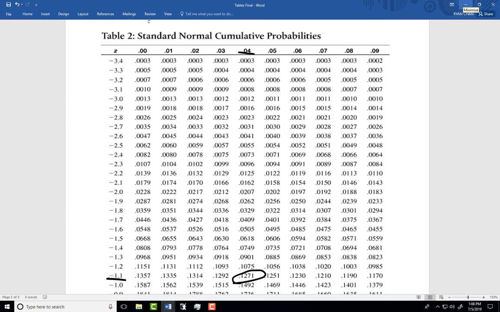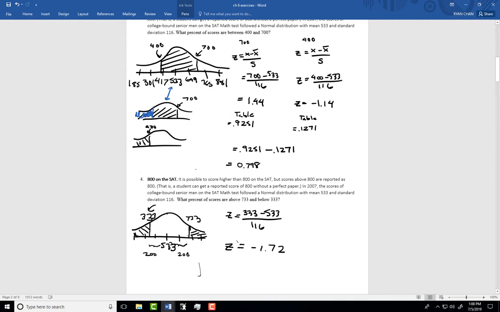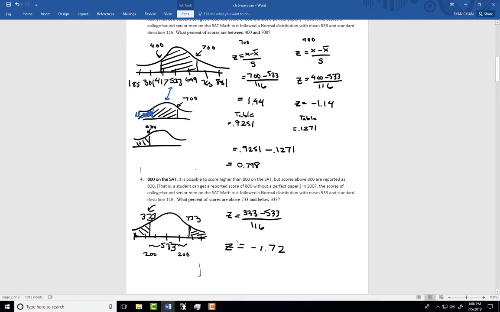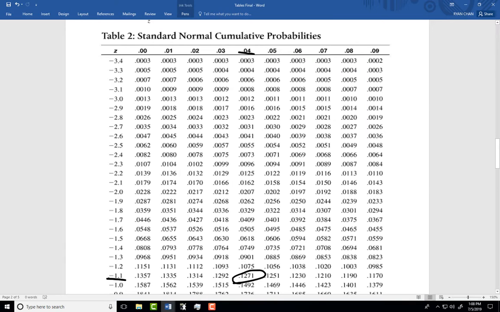So my table says it is 0.0427. Sorry, let me just double check. 0.0427, yep.